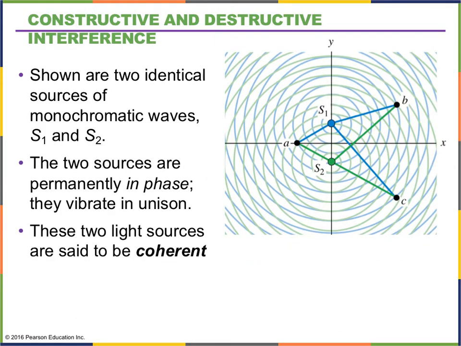Now, the reason that we wanted to show those pictures is because often we will use those pictures to illustrate how two waves can interfere. So now we've changed the picture, and there are two separate sources, S1 and S2, and you can see S1 has blue wavefronts and S2 has green wavefronts, and they both are moving out from those sources. We're going to make them in phase, which means if they were caused by probes hitting the water, they would be hitting at the same time.